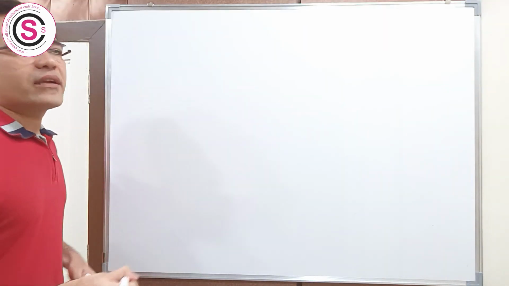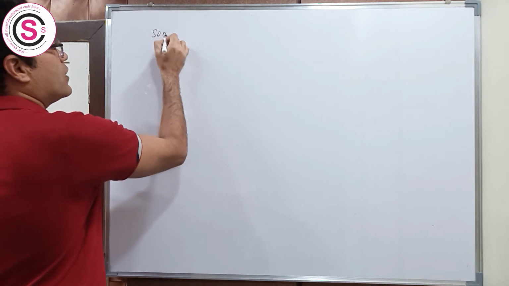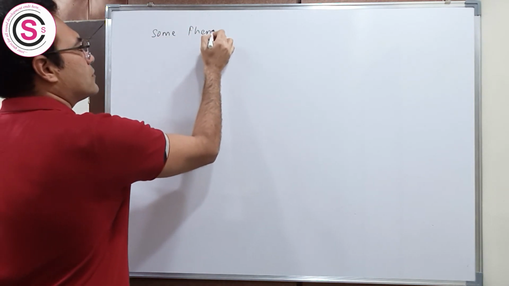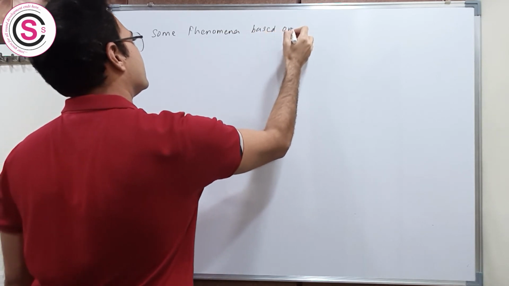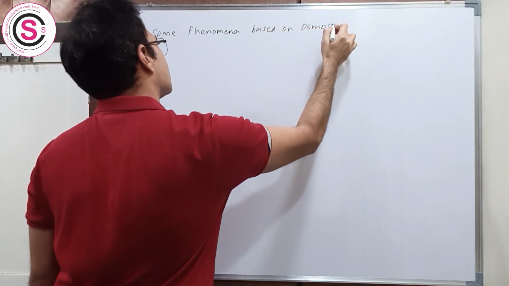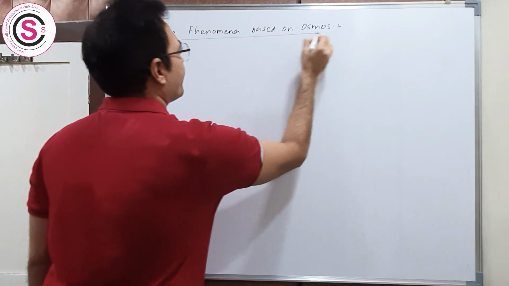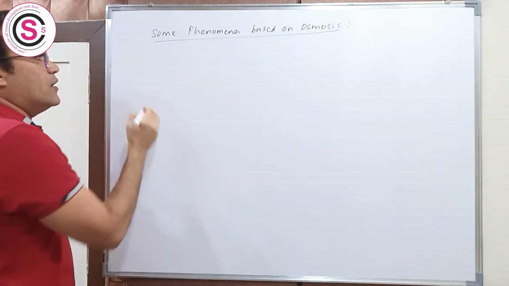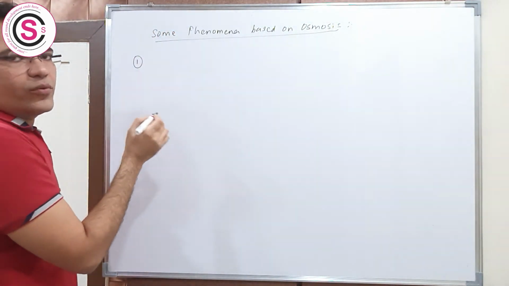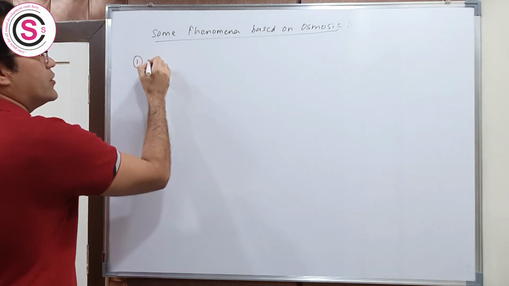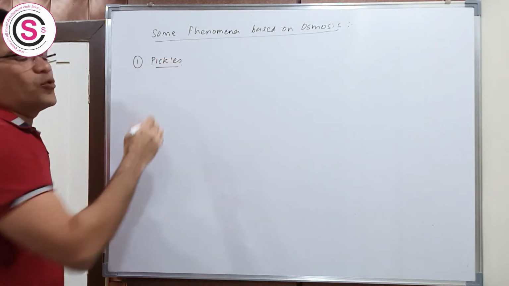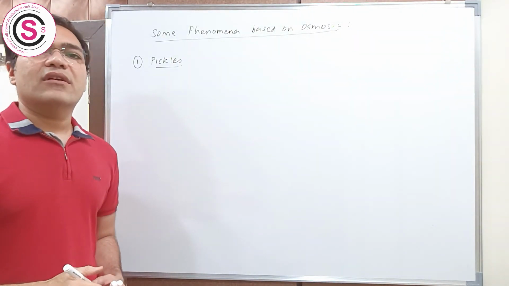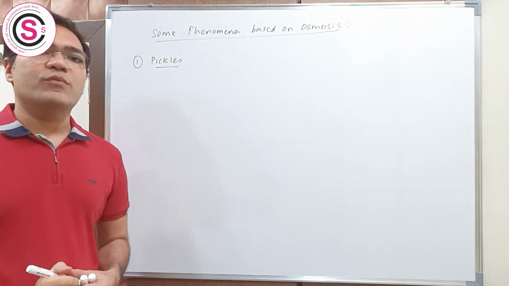Now students, let us understand some phenomena based on osmosis. The first example that I'll give you here is making of pickles. You all might have seen your mother or grandmother making pickles at home.